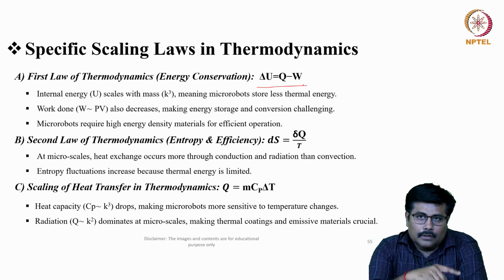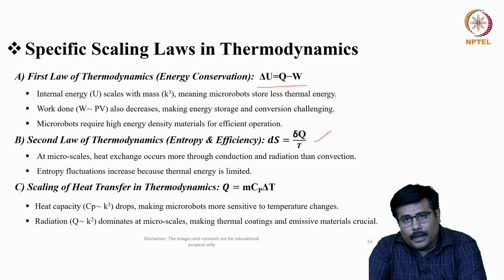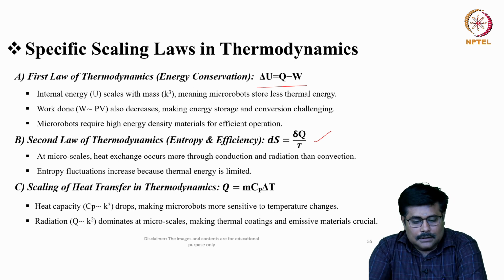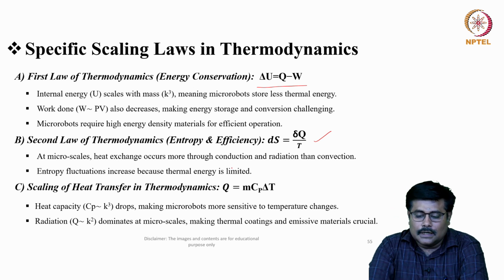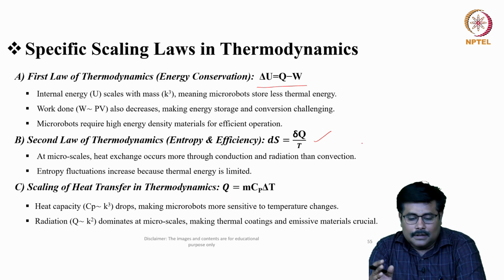Similarly, from the second law of thermodynamics point of view, we have entropy and efficiency, where dS equals δQ by T. At micro scales, heat exchange occurs more through conduction and radiation than convection, and the entropy fluctuation increases because the thermal energy is limited.